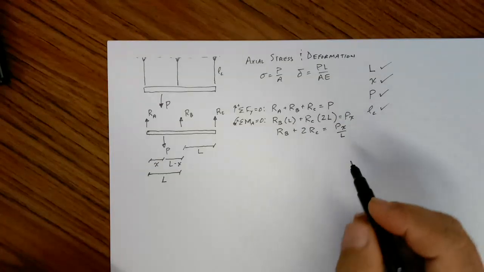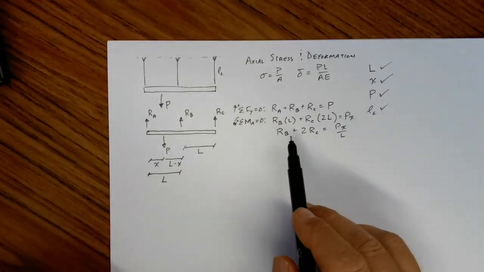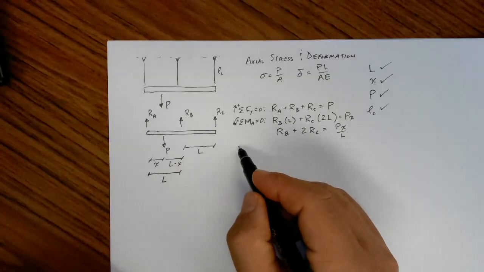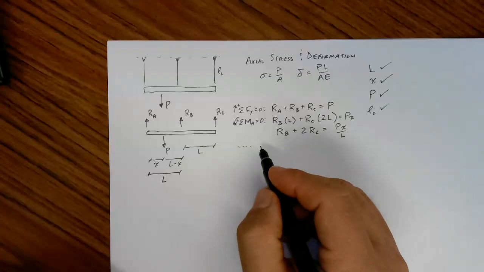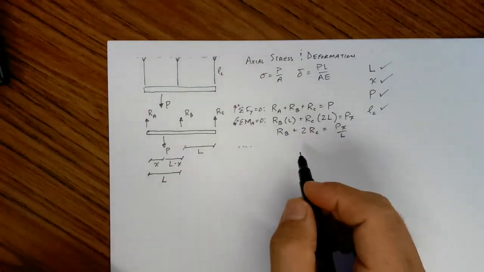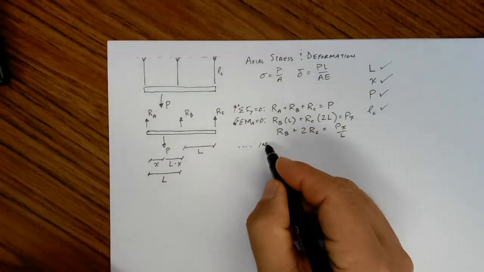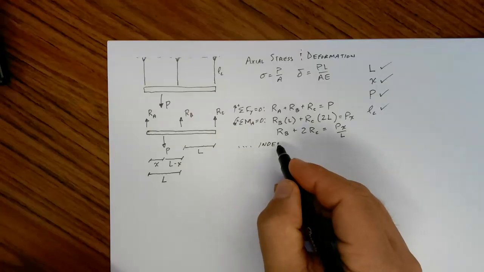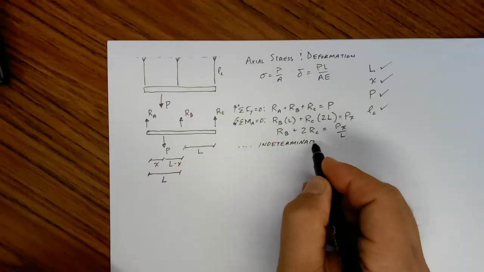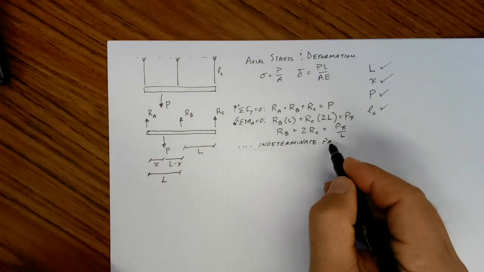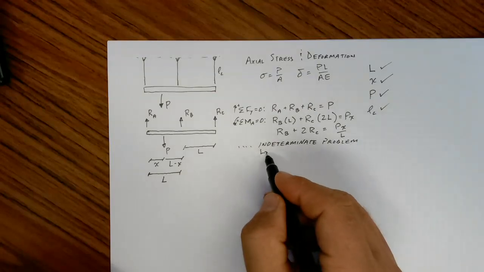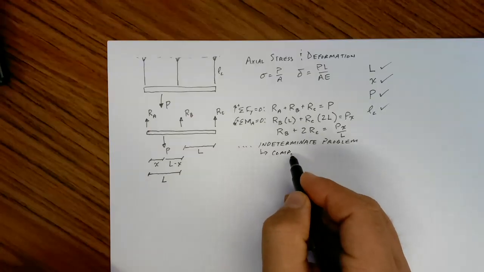We have a second equation, right? RB, RC, two of our three unknowns. We have two equations, but now statics is exhausted. We've done everything we can with statics, and so we have an indeterminate problem, and we need a compatibility equation.